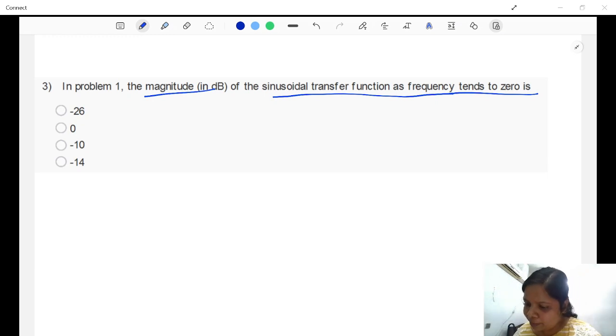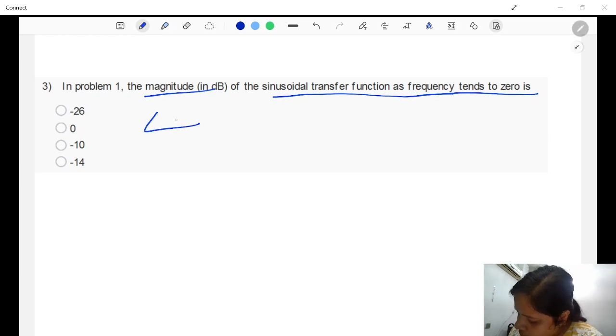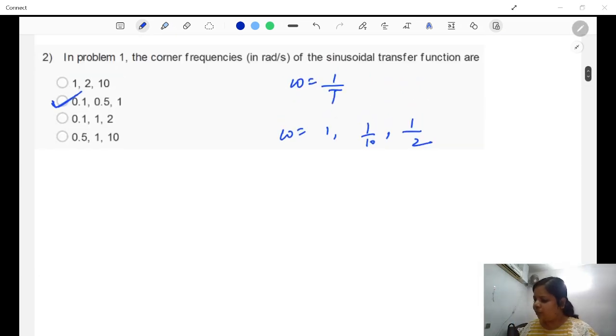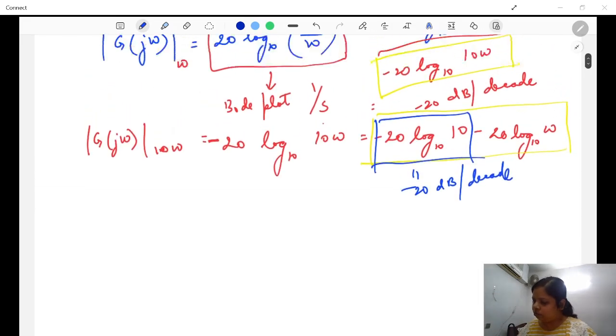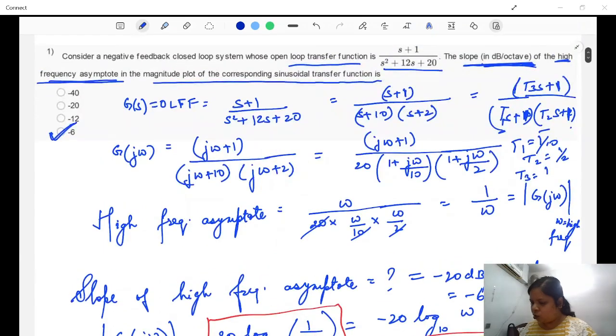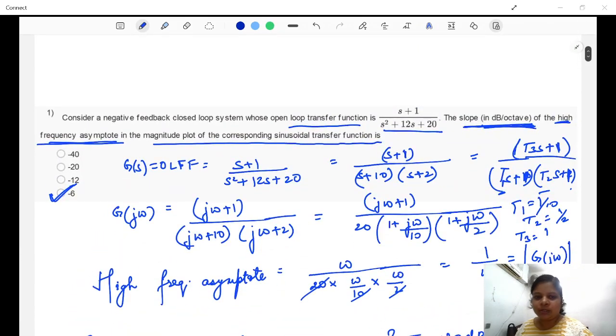And we want to see what is the magnitude, all right? Please take a snap of this question because we are going to use it time and again for the 6, 7 questions because that essentially gives you how it is going to be. So take a snap of this transfer function. It will help you throughout.